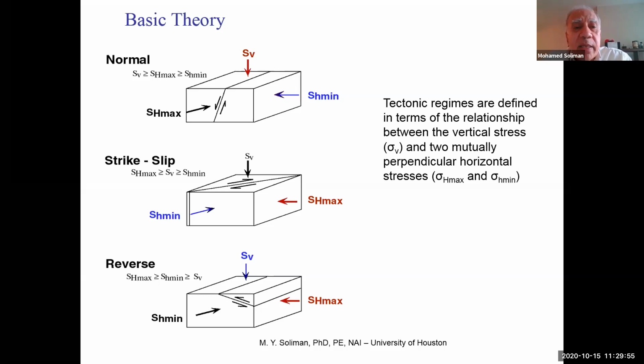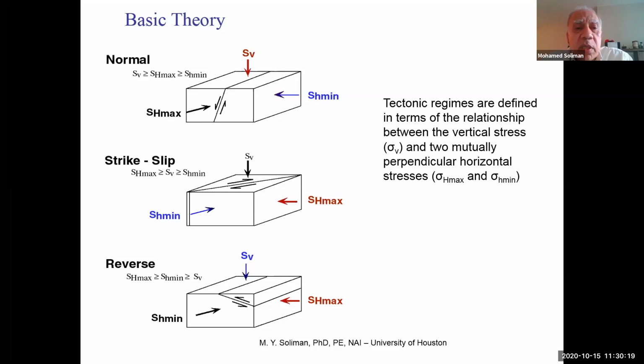Now in the middle, I have a strike-slip situation, when the vertical stress is in the middle. So the highest stress is the SH max, the smallest stress is the SH min.